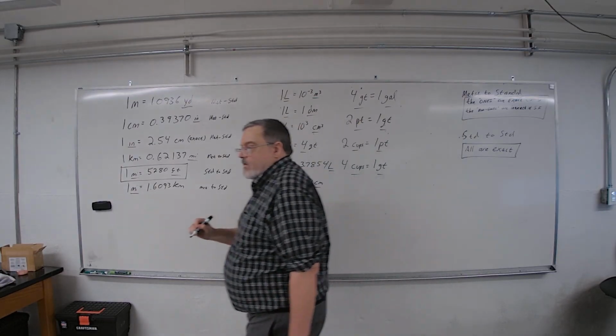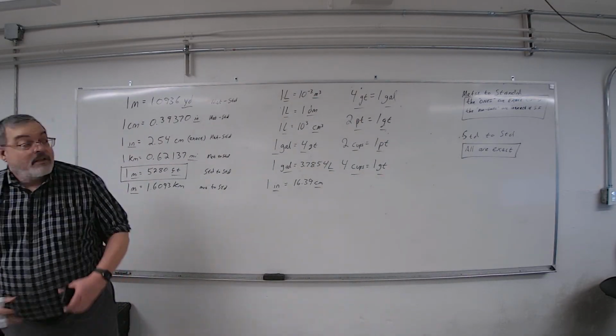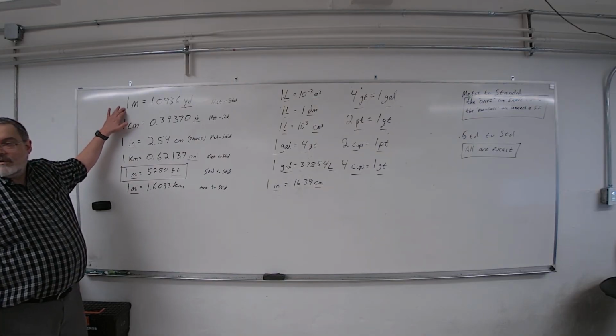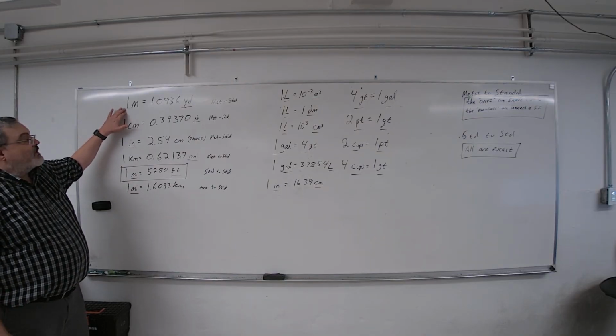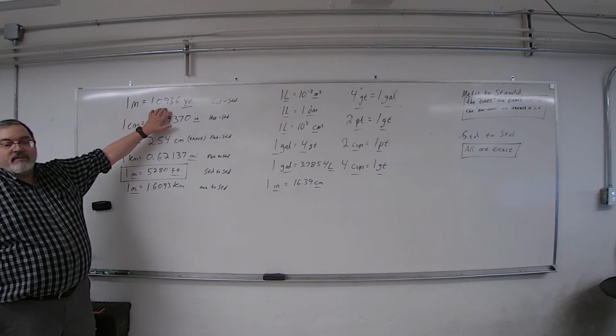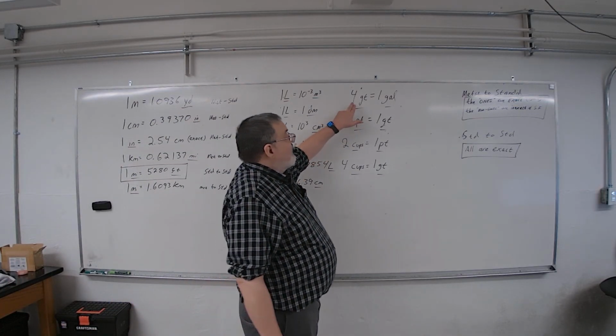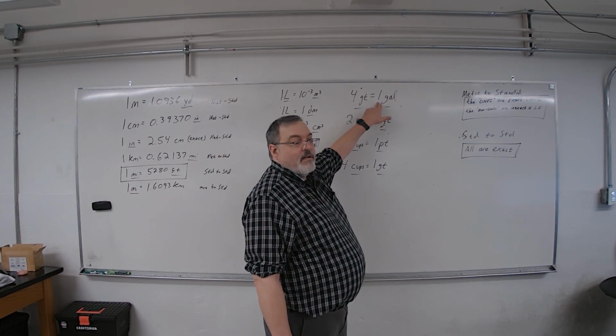When you're doing standard to standard, both sides are exact. Here I was saying that's exact, infinite significant figures, but this one has 5 significant figures. When you're doing standard to standard, that's exact and that's exact.